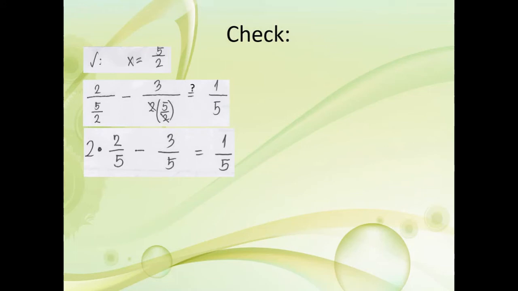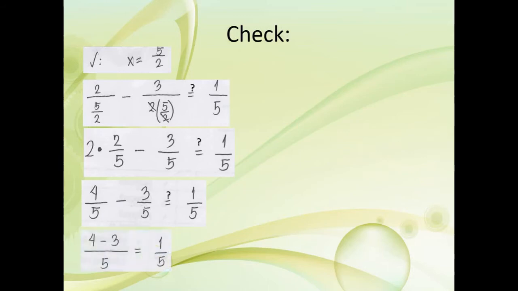So that becomes 4/5 minus 3/5 is equal to 1/5. So 4 minus 3 over 5, is it equal to 1/5? So 4 minus 3 is 1. So 1/5 is equal to 1/5. Therefore, the solution is 5 over 2.